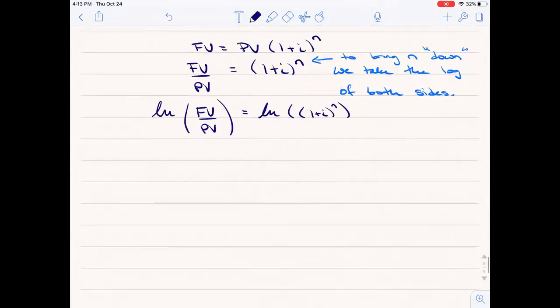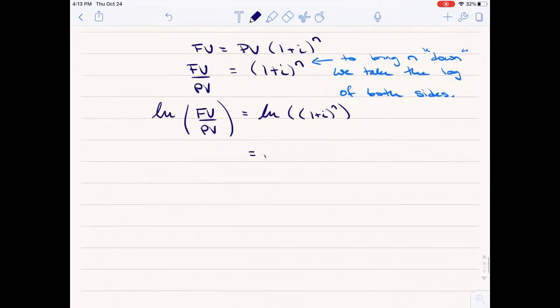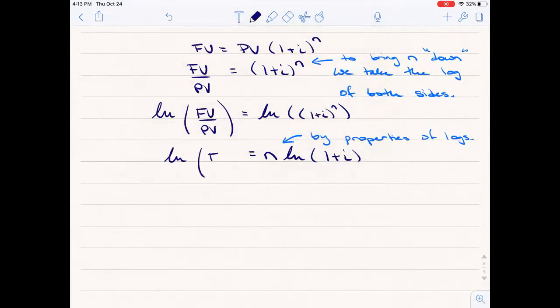But by the properties of logs, which we reviewed a little bit ago maybe, this right-hand side can be rewritten as n times the log of (1 + i). And nothing on the left-hand side changed, so we get the log of the future value over the present value.